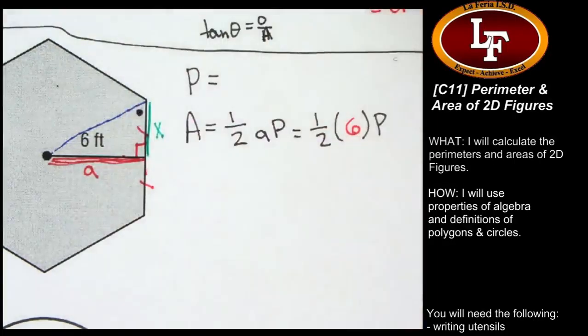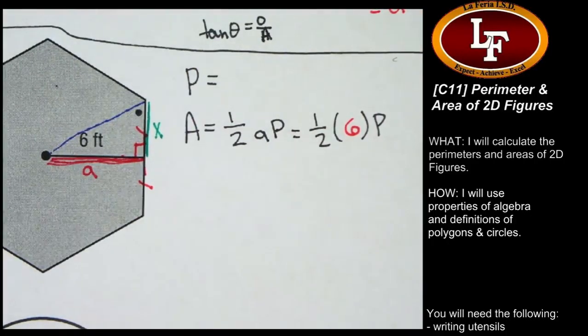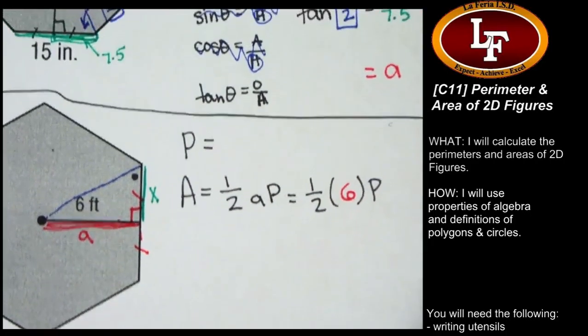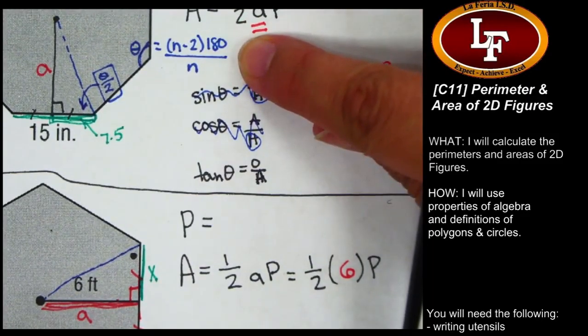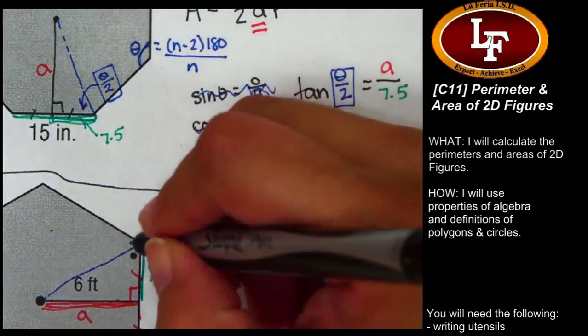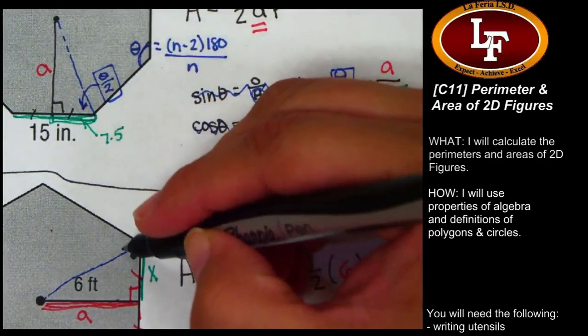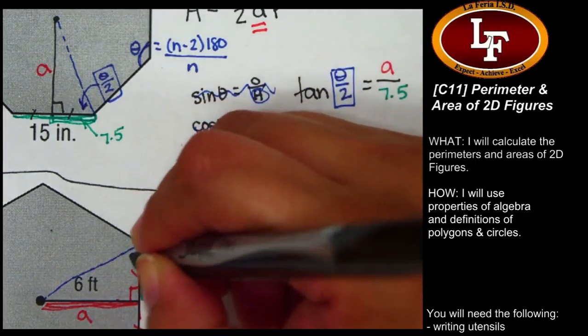This is the angle that'll help me with the most information. And just like in the example above, I will use the formula for a single interior angle to calculate the measure of this big angle, which I will then divide by 2 to give me this one.